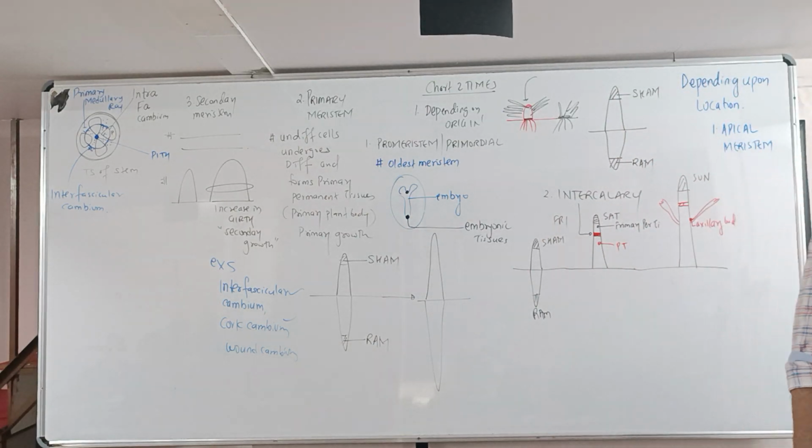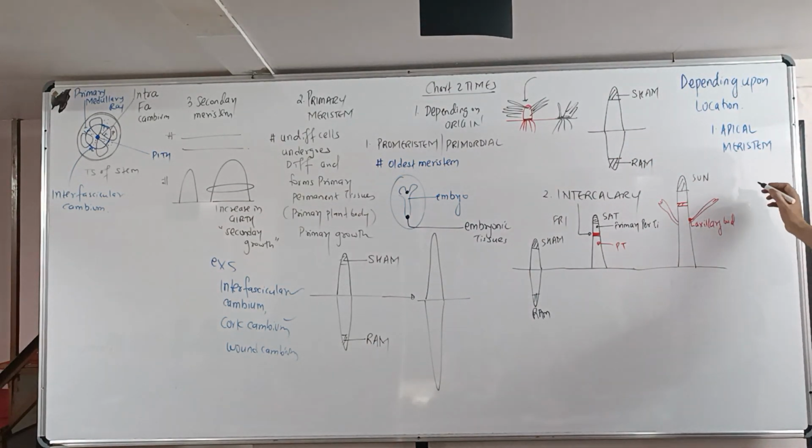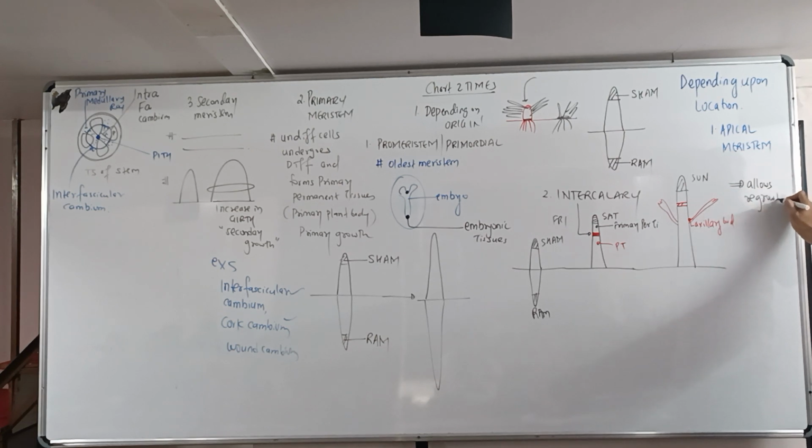So can I say intercalary meristem allows the regrowth of grasses after an injury by whom? Herbivores.